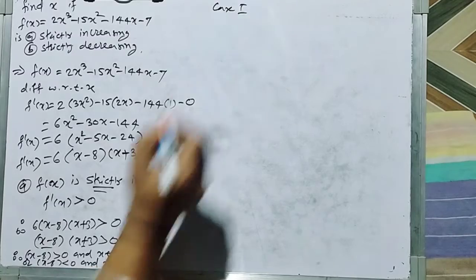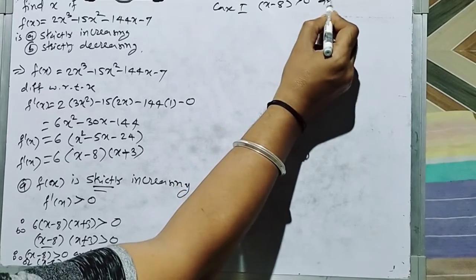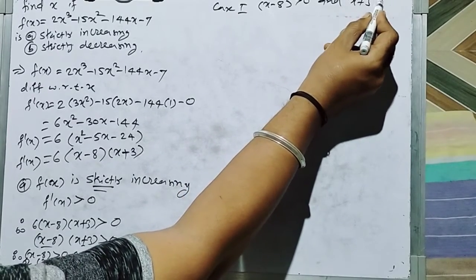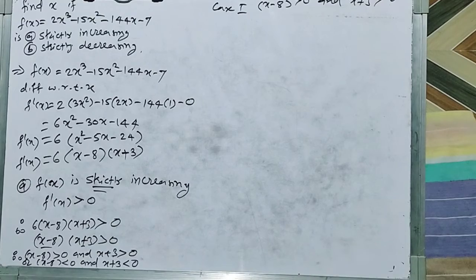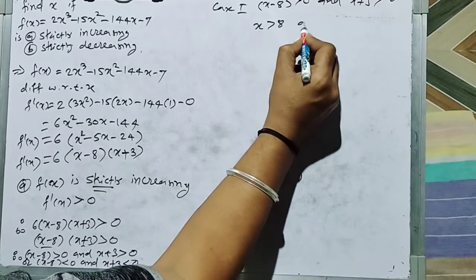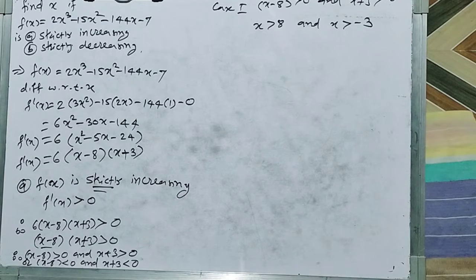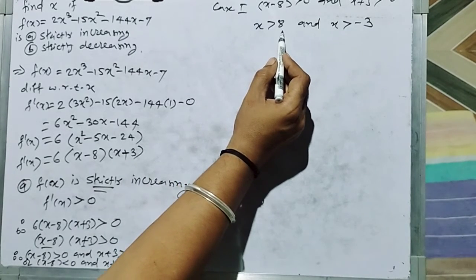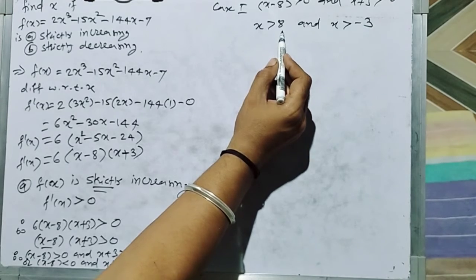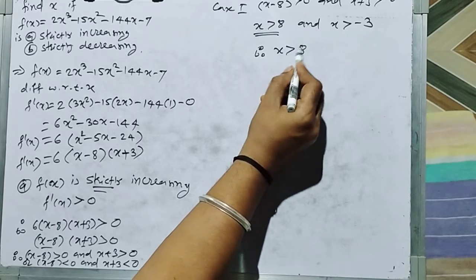So here x minus 8 is greater than 0 and x plus 3 is greater than 0. It means here x is greater than 8 and x is greater than minus 3. x is greater than 8 or x is greater than minus 3 means simply x is greater than 8.